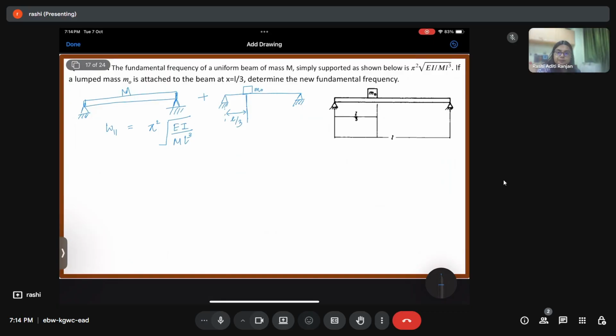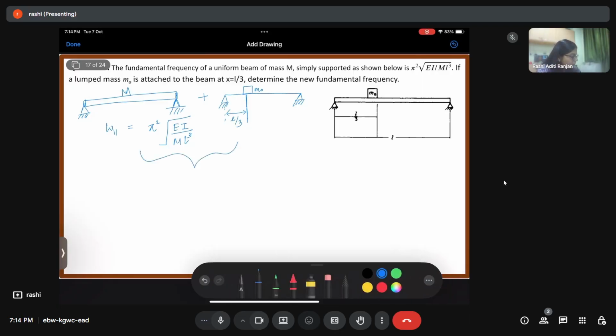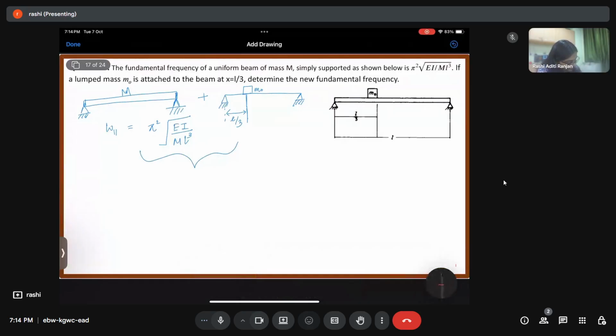Something like this. And combining these both, we get the final system, which is this.